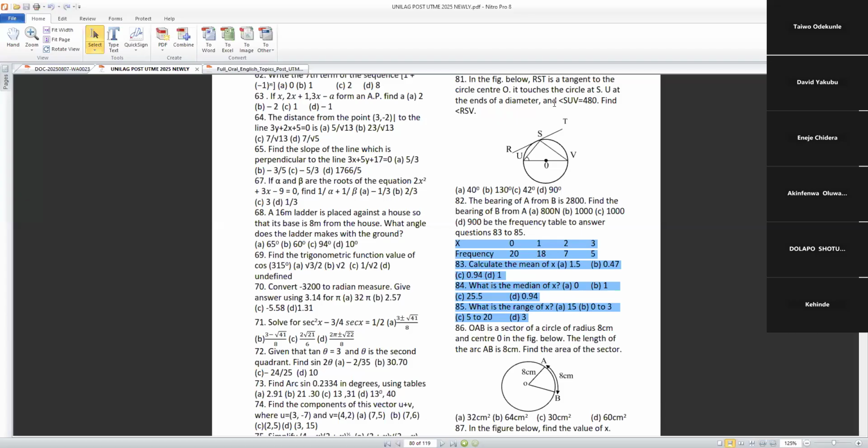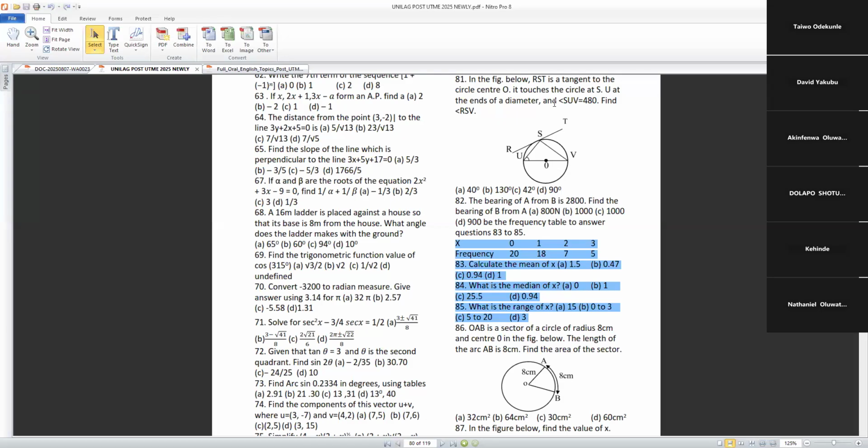You have no business with the frequency. Remember, it says the mean of X. For them to include that X, that means you are focusing on X, not the frequency. Is that clear? Yes, sir.